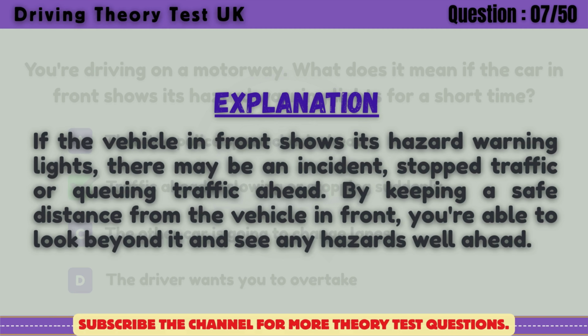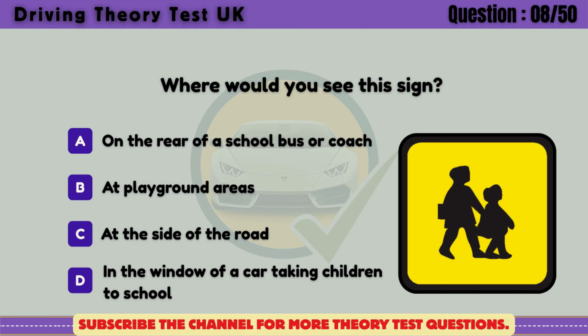Question 8. Where would you see this sign? Option A. On the rear of a school bus or coach. B. At playground areas. C. At the side of the road. D. In the window of a car taking children to school.